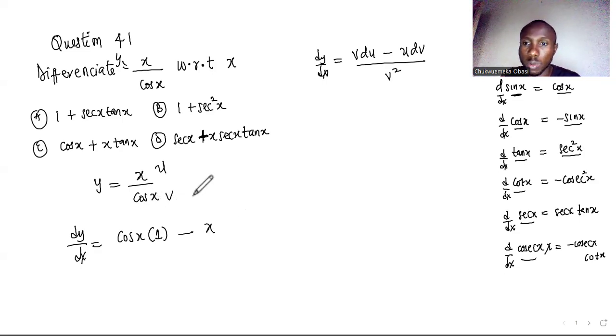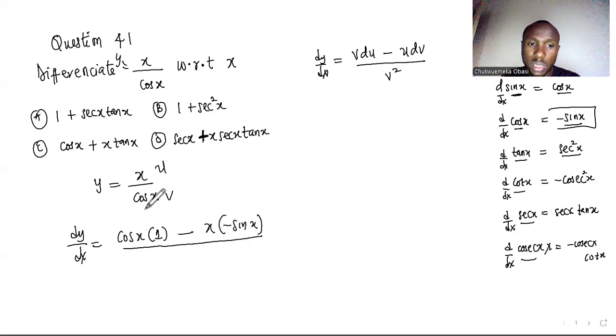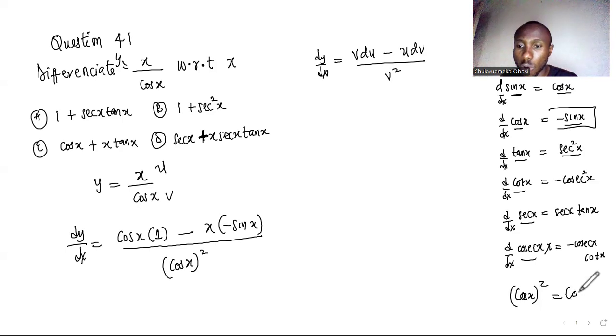When you differentiate cos x, what do you get, class? You get negative sine x. Remember, this is going to be negative sine x, all upon cos x all squared. Are we getting this, guys? You should know that cos x all squared is the same as cos squared x.